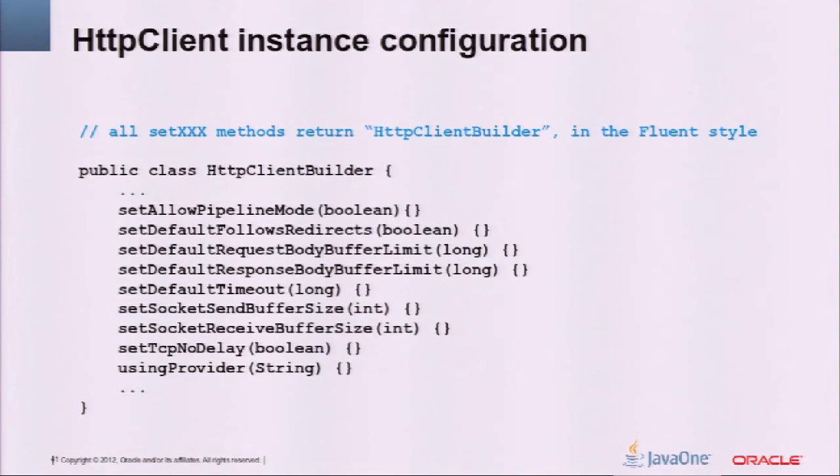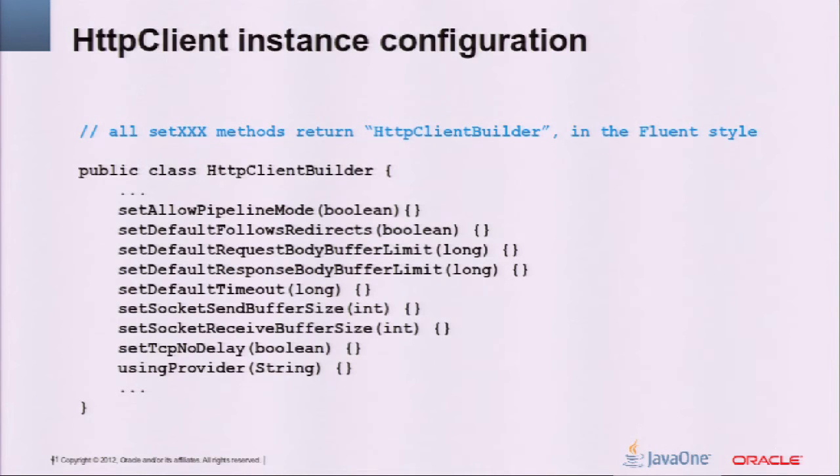Then, rather than helper objects, the more property level flags here. You can turn on and off pipeline mode. You can set it to follow redirects or not. Setting the request and response body buffer limits that the implementation uses, timeouts, and so on. And also, usefully here, this is where you can select the implementation provider if you want to.